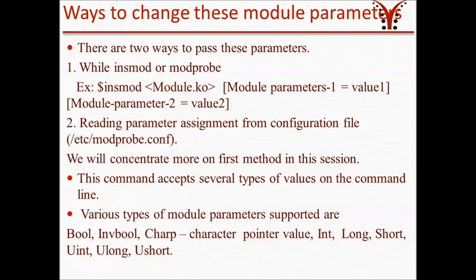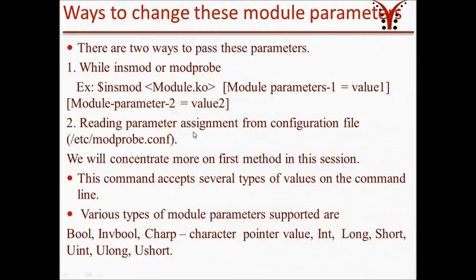So the command is insmod module.ko with optional parameters. Let's say you pass a module parameter, say module parameter 1 with the value of value 1. Then whenever you refer to module parameter 1 in your program, it will consider the value which is passed through this command. Similarly, you can pass n number of parameters like module parameter 2 or 3.